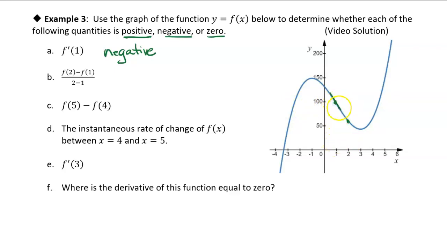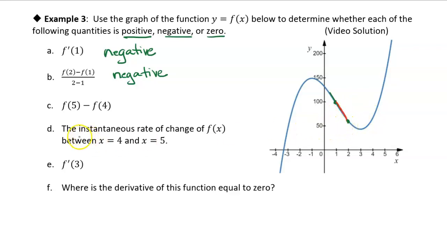And again, if we draw a line between those 2 points, the slope of that line is this average rate of change, right? It looks again like this is going to be negative, because the line between those 2 points has a negative slope.